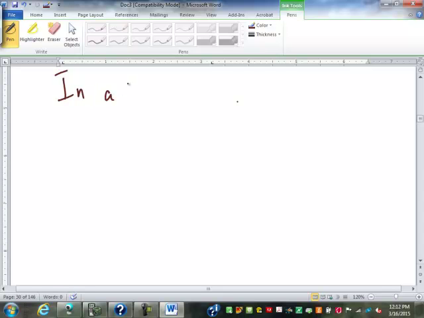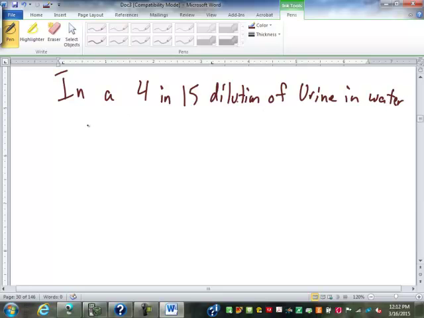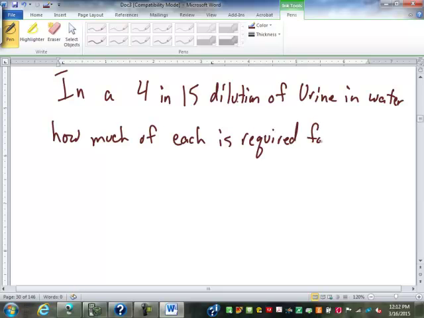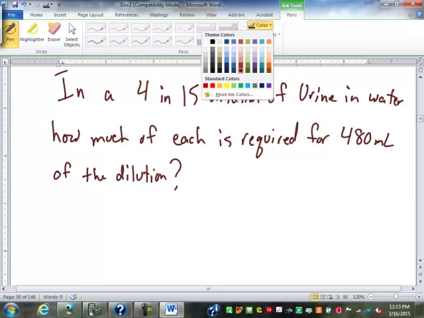So in a 4 in 15 dilution of urine in water, how much of each is required for 480 milliliters of the dilution? So we have 2 calculations to make here.